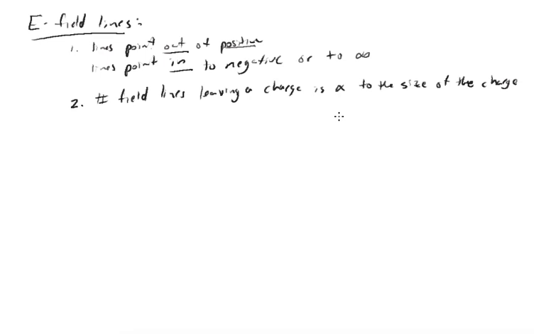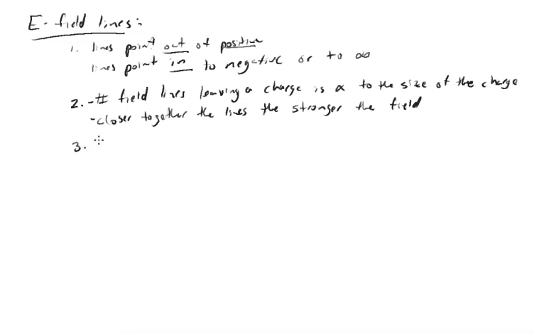If you have twice as much charge, then it's going to push twice as many field lines out as one of half as much charge. Another way to think of this is that the closer together the lines, the stronger the field. And I'll refer back to it when we're drawing them to make this make more sense, okay? But I think these two are basically the same rule, just explained in different ways.